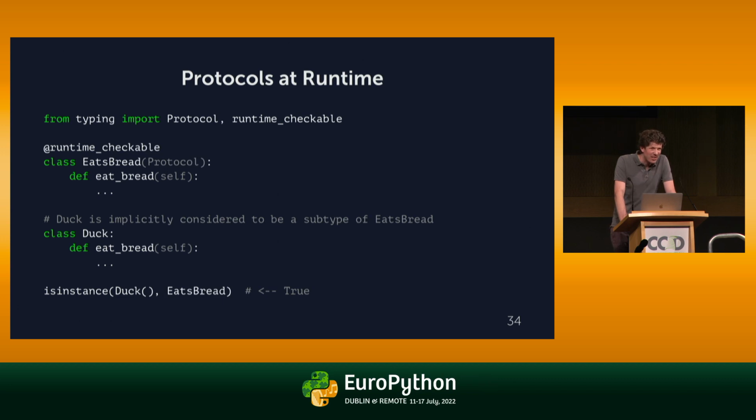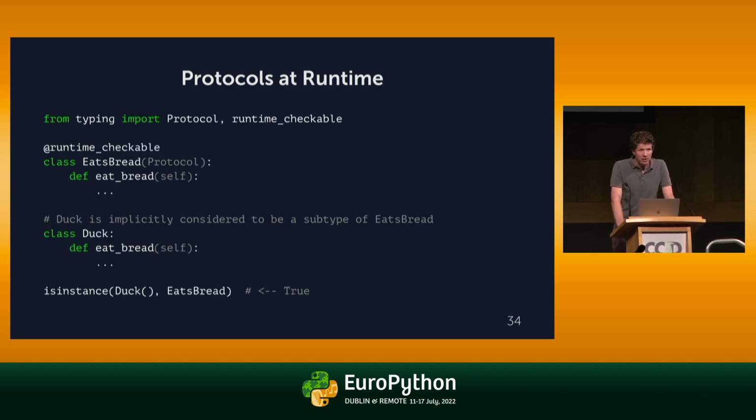Note that this isn't completely safe, because at runtime, this only checks the existence of the protocol members, and their names, and it doesn't check the signatures. So if you implement a method called eat_bread that actually takes arguments, it would still be an instance of EatBread, while in type checking that wouldn't be the case.